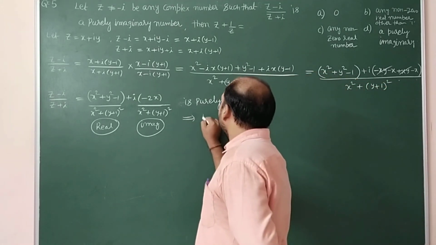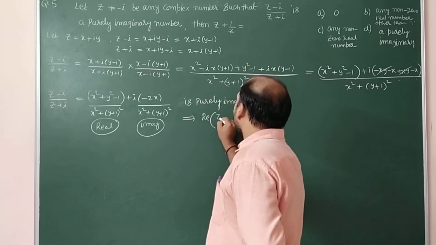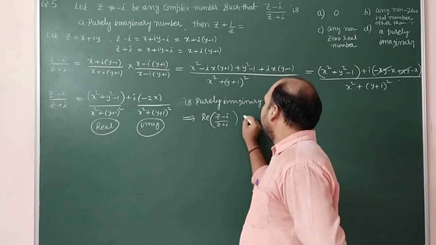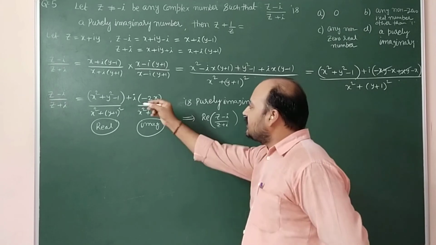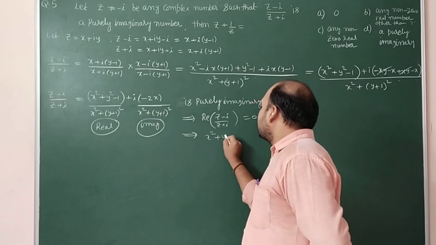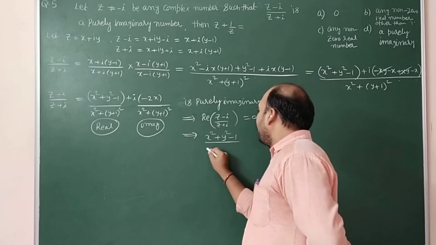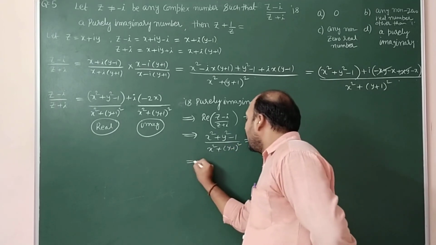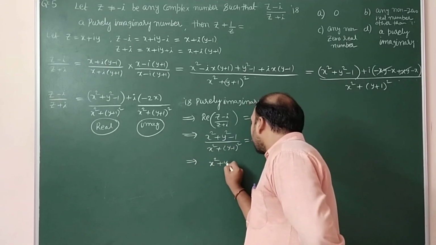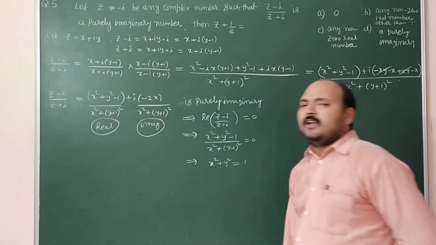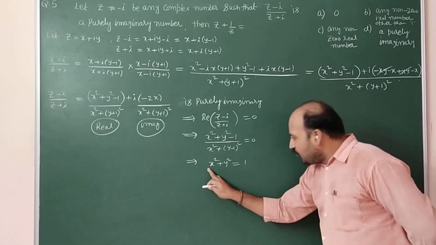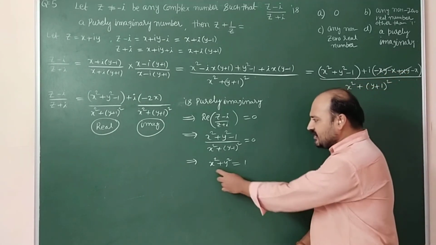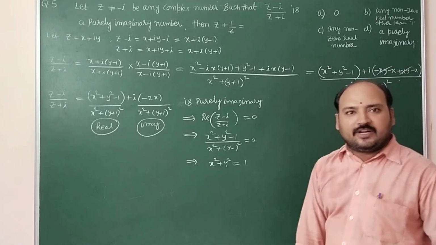That implies that the real part of z minus i divided by z plus i is equal to 0. That implies that (x square plus y square minus 1) divided by (x square plus (y plus 1) whole square) equals 0. That implies that x square plus y square is equal to 1. From this, it represents the locus equation of a circle whose center is (0, 0) with radius 1 unit.